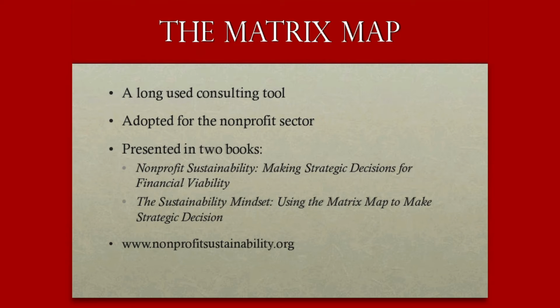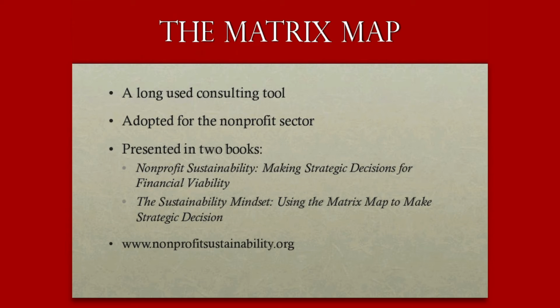But what's really interesting is that a group of consultants and experts out of California really retooled the idea of a matrix map and set it within the not-for-profit context, where they created these two axes of financial management, where you could look at these programmatic and fundraising activities simultaneously on the same page.